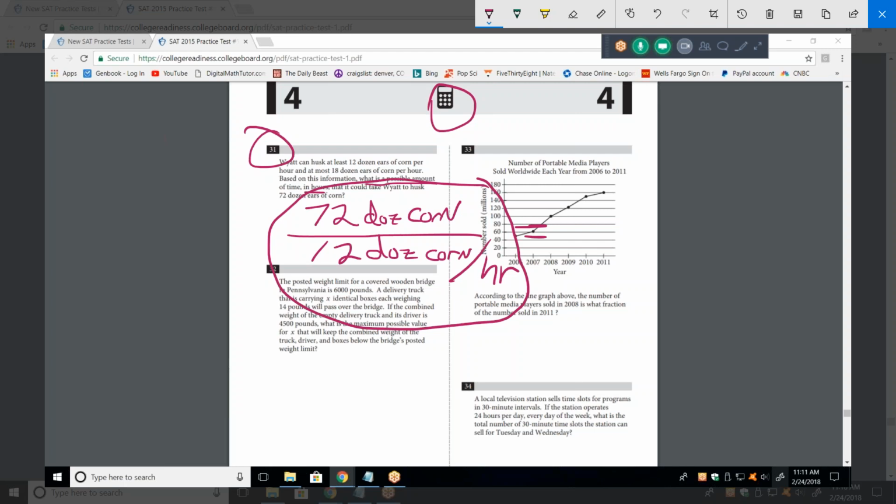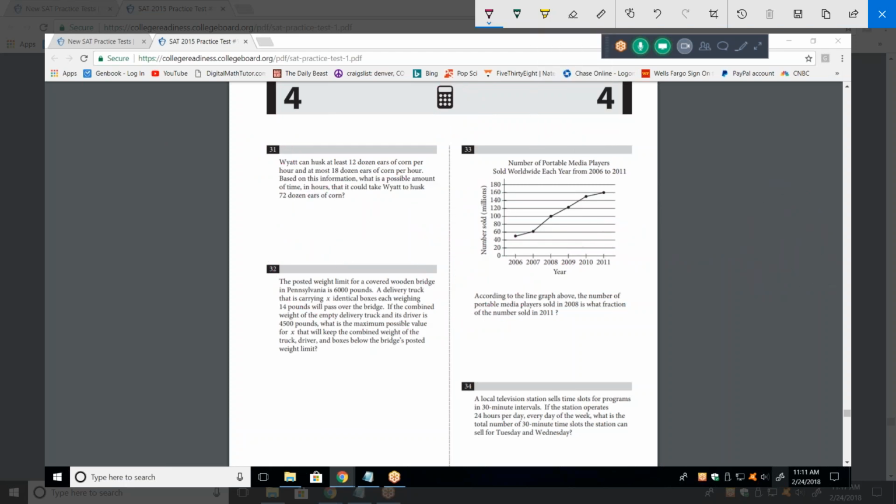In other words, this is equal to 72 dozen corn multiplied by 1 over 12, and if I reverse those also, which I need to do, that becomes hours per dozen corn. And now your dozen corn cancels, and you're left with your proper units. And what that's going to tell you is that you did it the proper way. In other words, if maybe you were wondering, should I divide 12 by 72, you don't get hours.